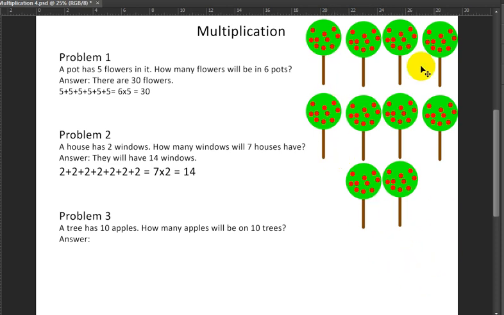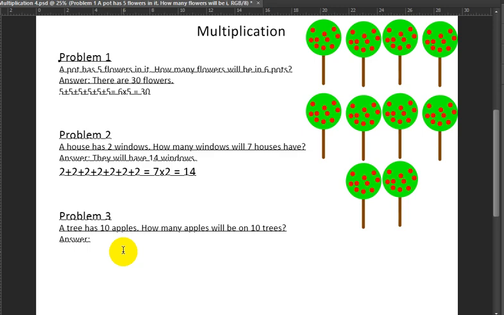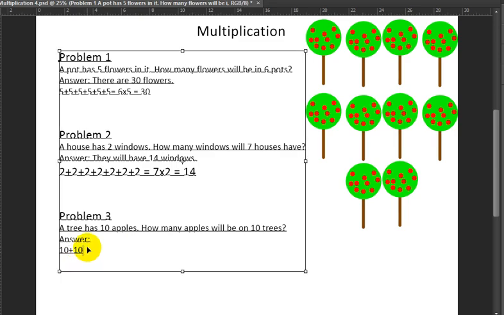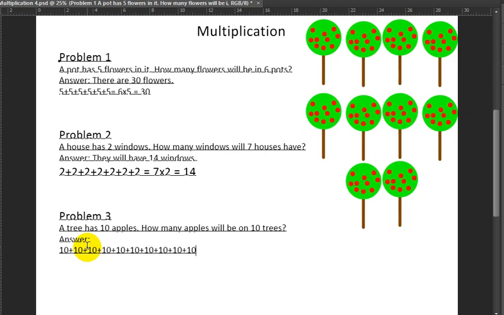So we have 10 trees here, and each tree has 10 apples. So to find the total number of apples, I would have to do 10 plus 10 plus 10 plus 10. 10 tens, basically. And as a multiplication, I would write that as 10 times 10.